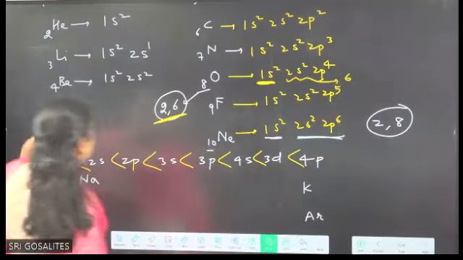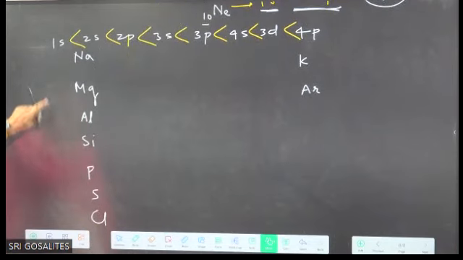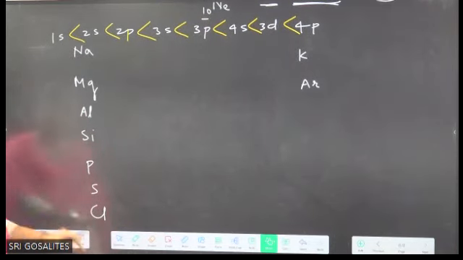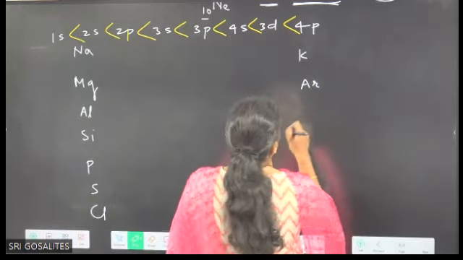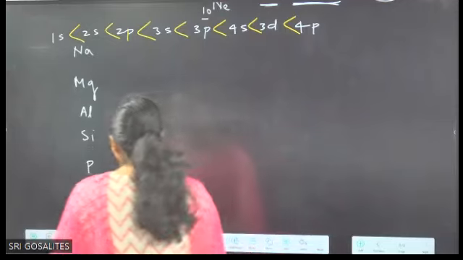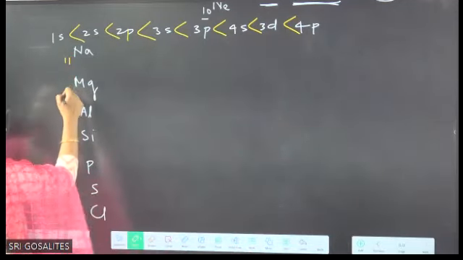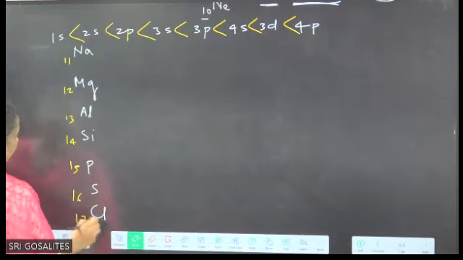Okay, good. Now you do one thing. I have given you a few here for practice. Please do this and then I'll discuss it. In fact, I'll include a few more. So here it is 11, 12, 13, 14, 15, 16, 17.